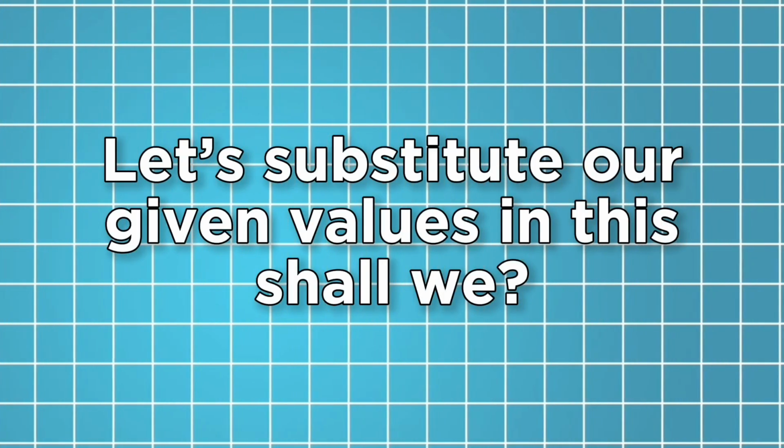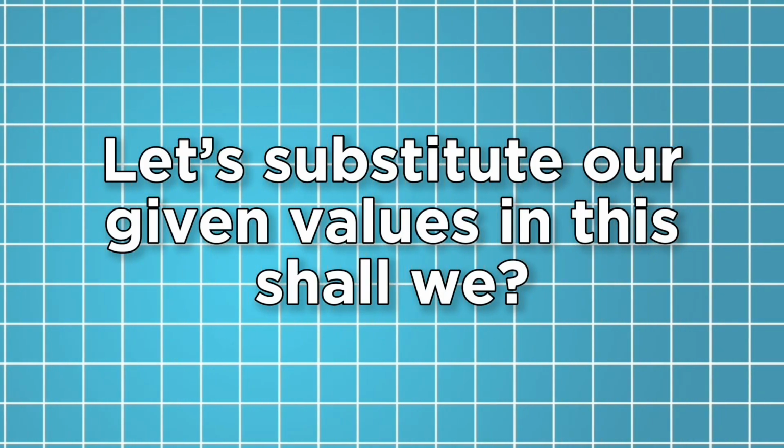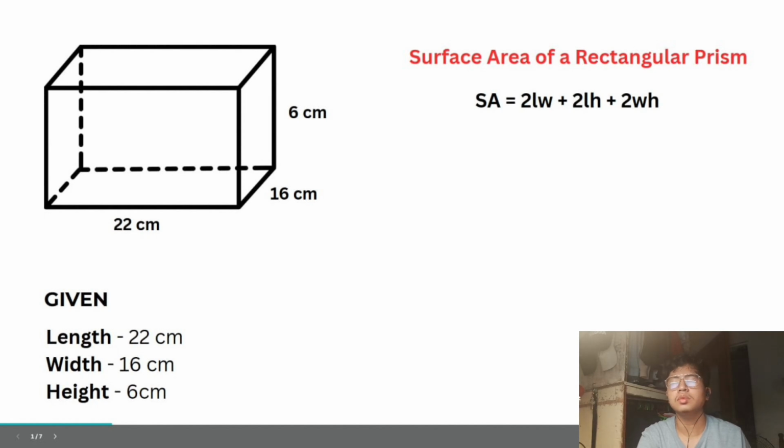Let's substitute our given values in this, shall we? Again, our length is 22 centimeters, our width is 16 centimeters, and our height is 6 centimeters. We will now be substituting these values into our formula.